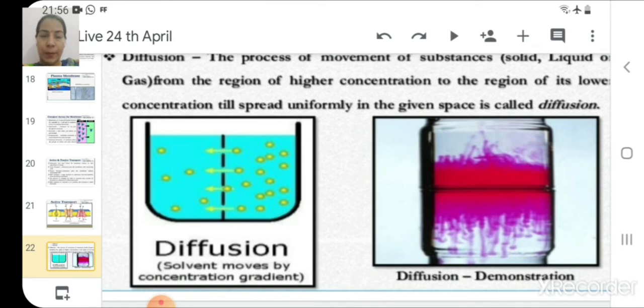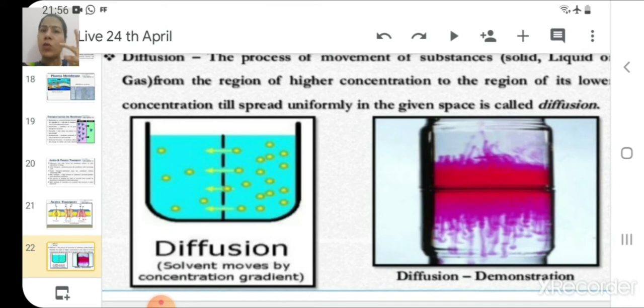Let's take another example. You all must have used deodorant and perfume scents. Suppose I have a perfume bottle here, and I press it and release some of the perfume in the air. Then the concentration of the gas molecules of that perfume will be higher here, so the smell will be very strong.